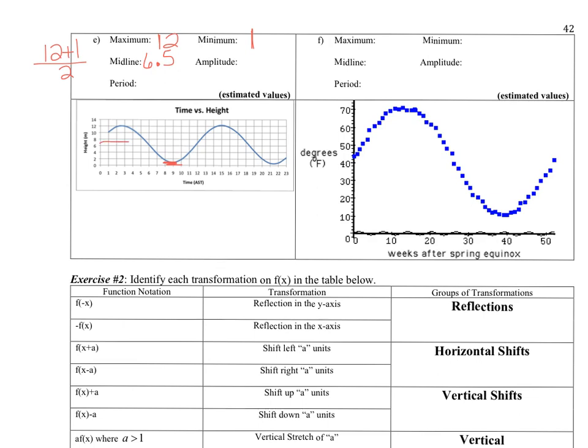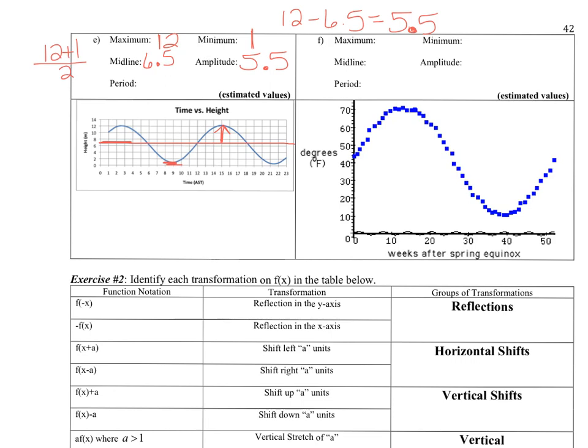If the midline is at 6.5, and it's kind of hard to get it perfect, we're going to do 12 minus 6.5 to find the amplitude, right? How much do I go up from the midline to the top? So that's 5.5.